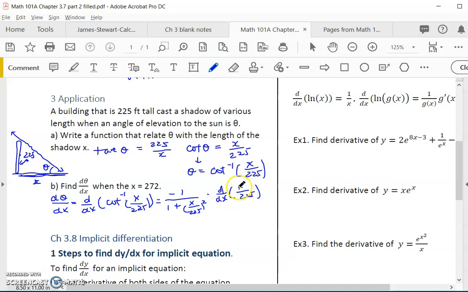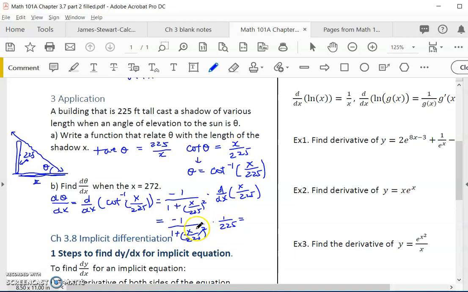X over 225 means 1 over 225 times x, so that is equal to negative 1 over 1 plus x over 225 squared, times 1 over 225. We have to simplify this complex fraction.